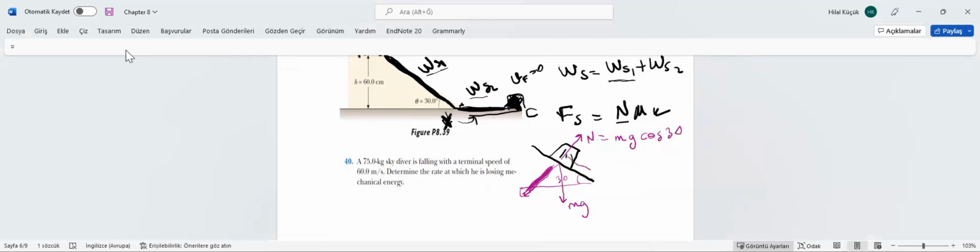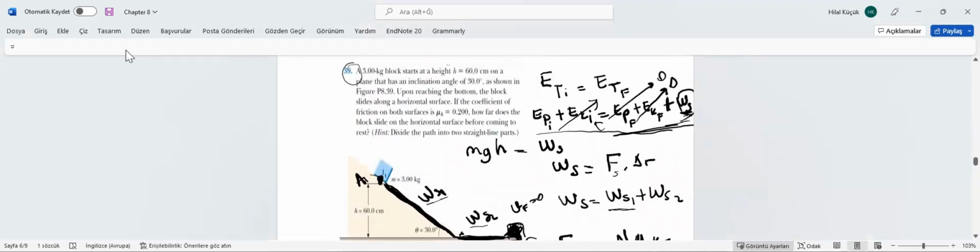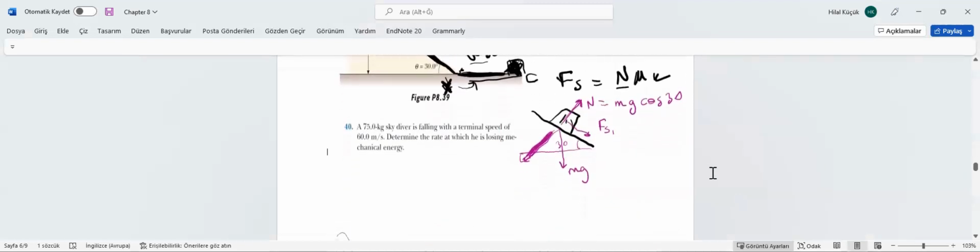You know, this part is the sin part and this part is the cos part. So N1 will be mg cos 30, and Fs1 is N1 times mu k.